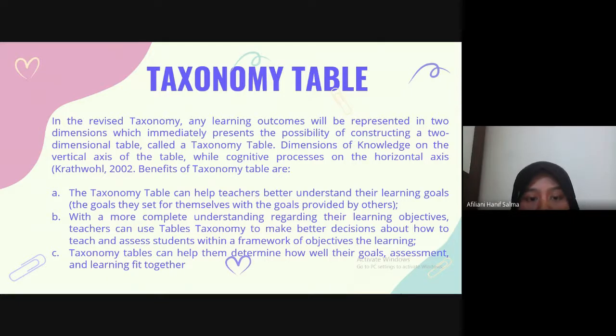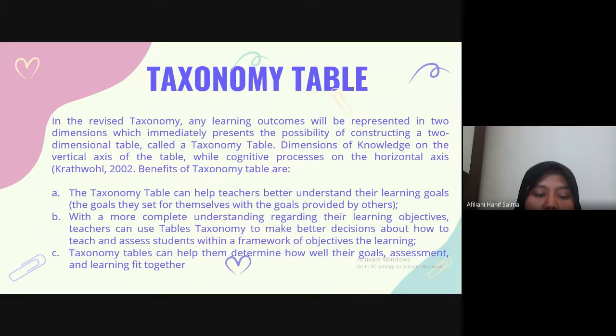This is the benefit of the taxonomy table. The taxonomy table can help teachers better understand their learning goals, and with a more complete understanding of their learning objectives, teachers can use the taxonomy table to make better decisions about how to teach and assess students within a framework of learning objectives.